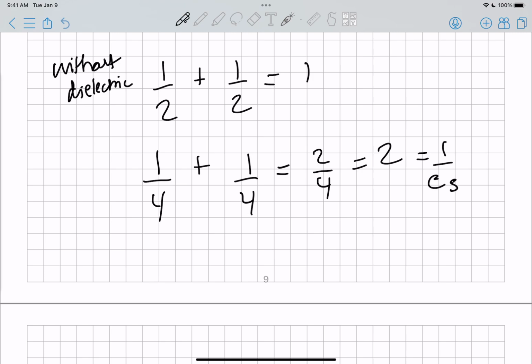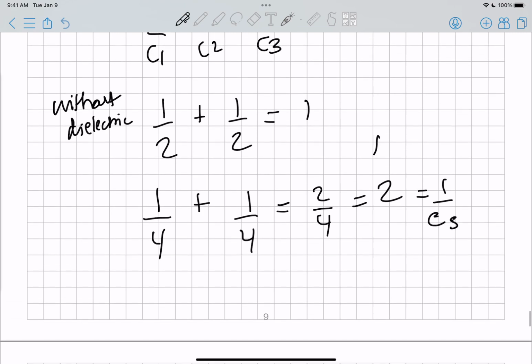So by plugging these values in, you realize that B is greater than A. So that's one part here.